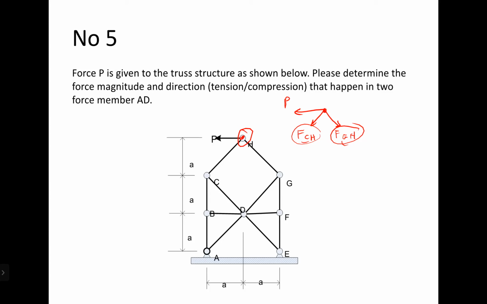So the system that we're supposed to be handling will become like this. CH, FGH. But remember, you are already solving GH and CH, so these are the known values.